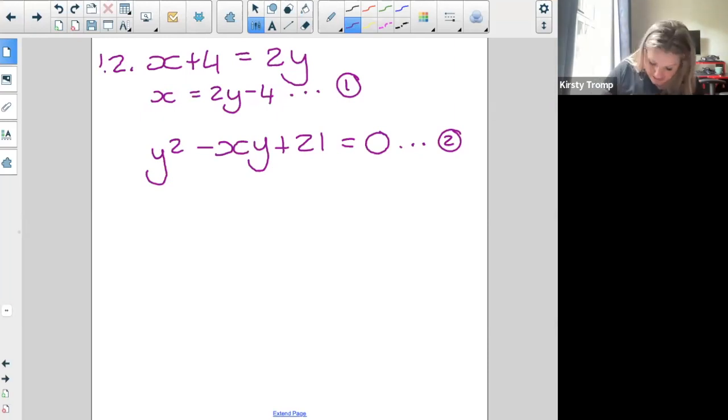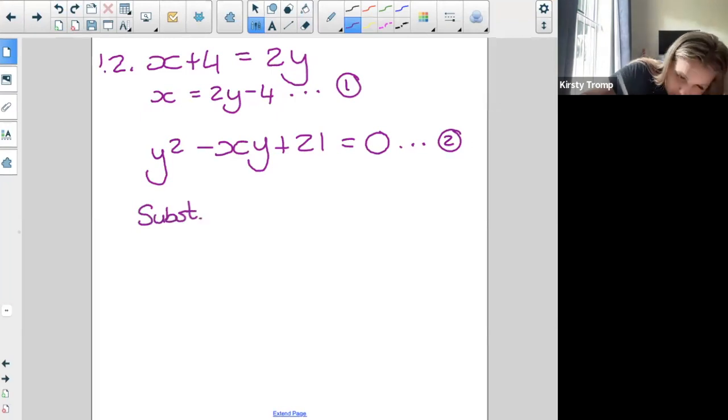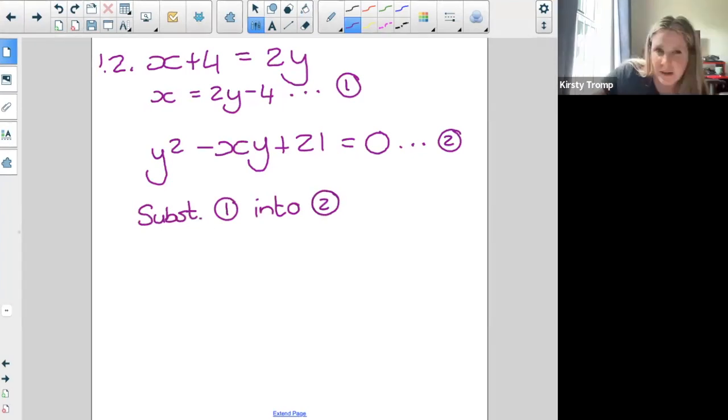Next, I'm going to say substitute 1 into 2. So I'm substituting 1 into 2. So what does that mean? It means that wherever I see x, I'm going to write 2y minus 4.